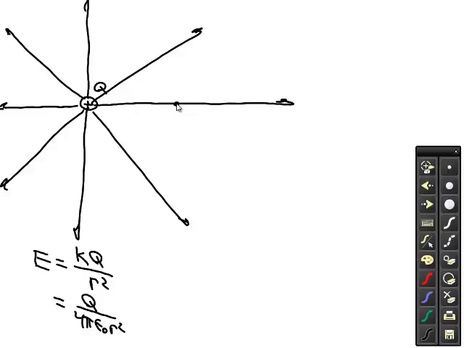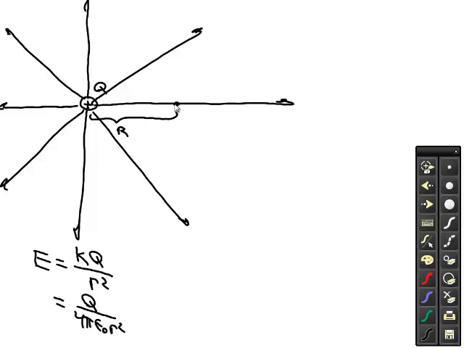So here's how we're going to do it. Let's say I'm going to start this little guy some distance r away, this little Ralphie, and I'm going to let r go to infinity. I'm going to figure out what the potential there is by saying my final potential is 0.